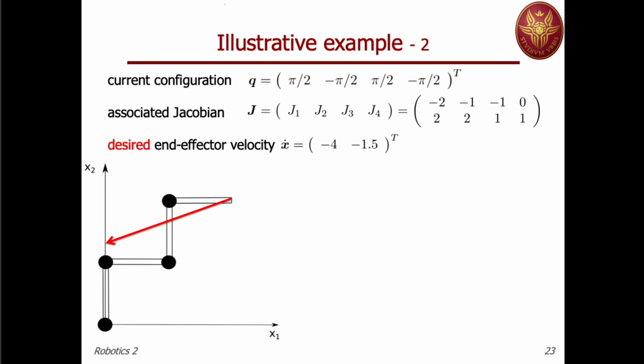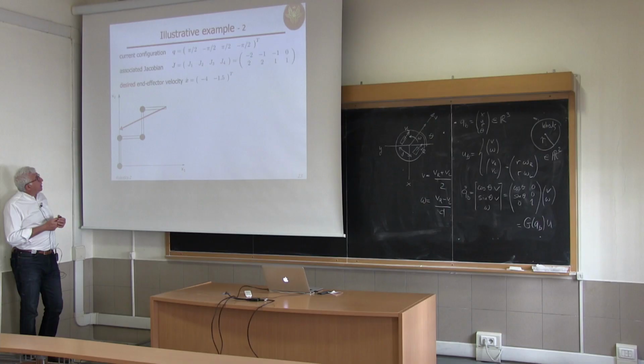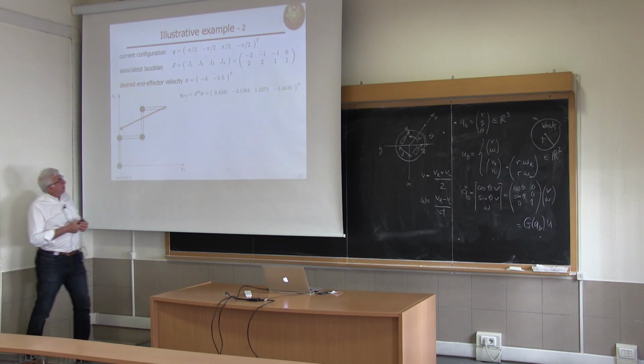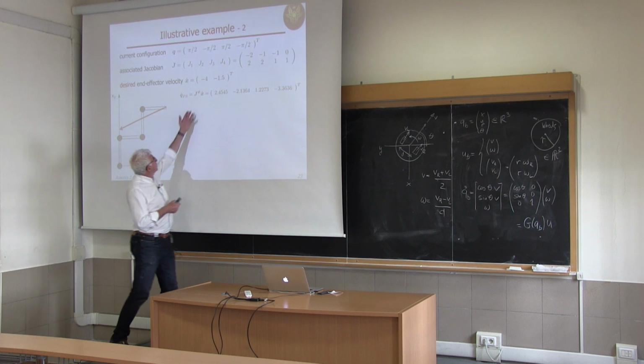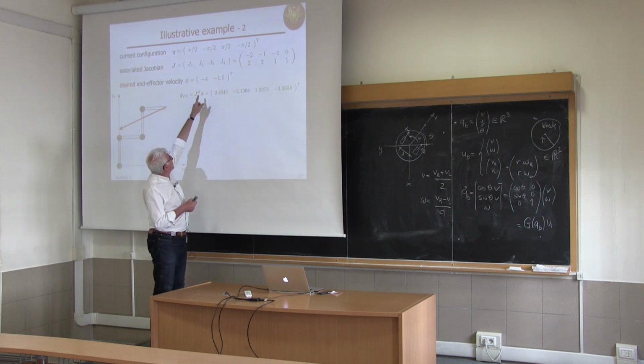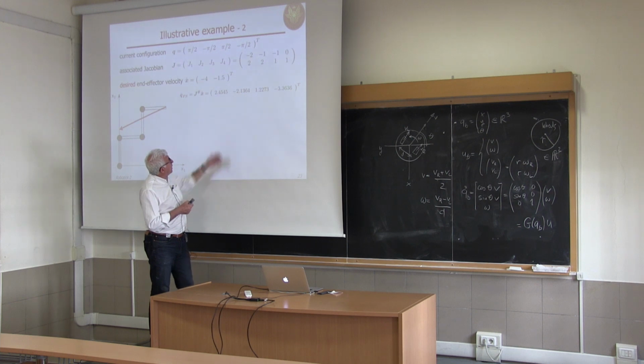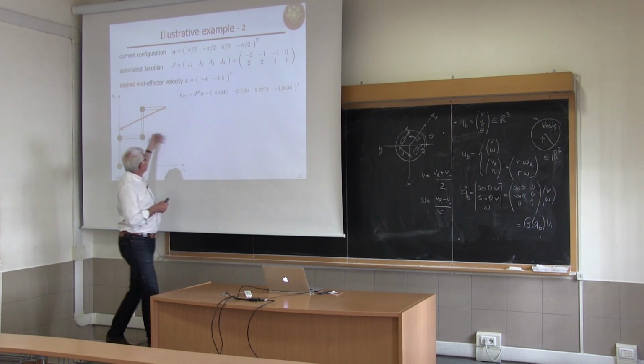The scale is irrelevant. Okay, so we should find the q dot which satisfies the bounds on qi dot, in absolute value less or equal than capital Vi, while doing this task. So we start hoping that we will get, with the minimum norm solution for the joint velocity, a feasible value of velocity. So this is the pseudo-inverse of that Jacobian times this task velocity vector, and this will be in radians the velocity of the 4 joints.